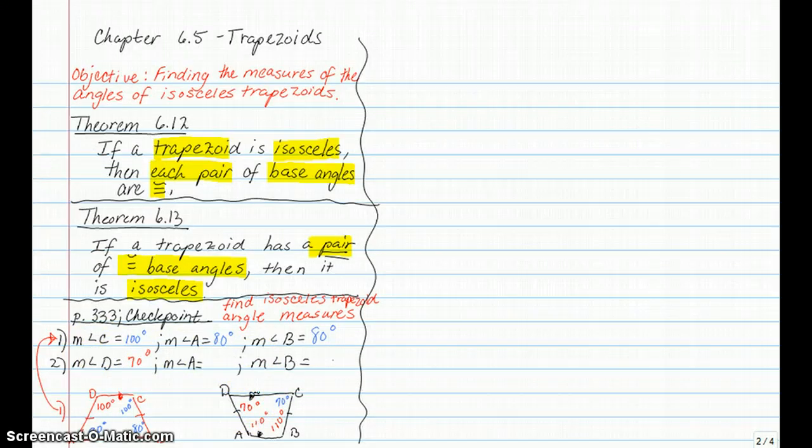The measure of angle A is 110 degrees, and so is the measure of angle B. The way you get that is you knew that 70 and 70 was 140. If you count forward from 140 to 360, because all the interior angles equal 360, you get 220. You have to split the 220 between base angles A and B, so you divide by 2, and you get 110 degrees for base angle A and 110 degrees for base angle B.